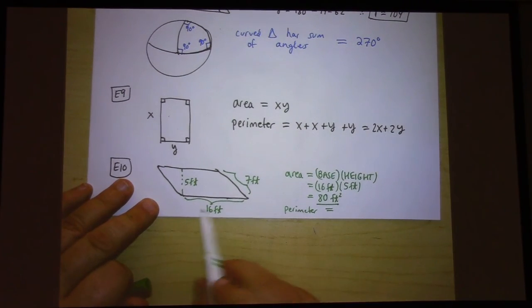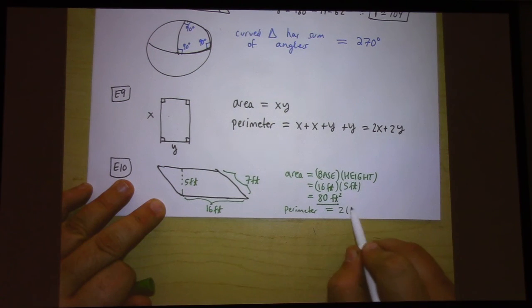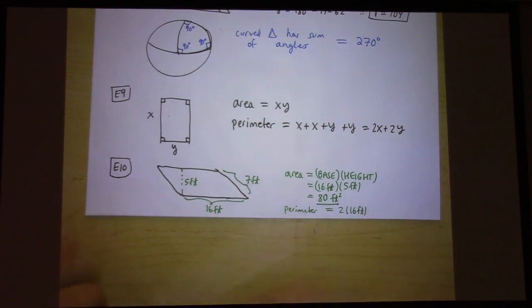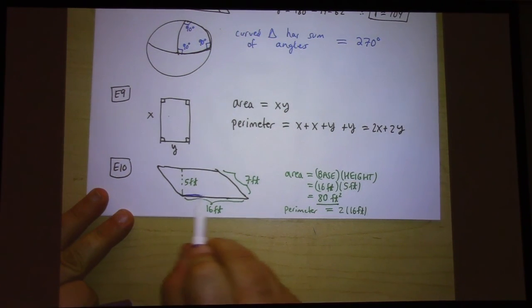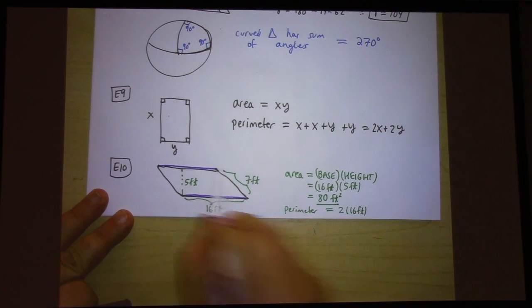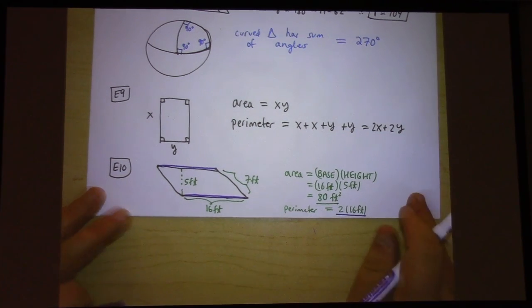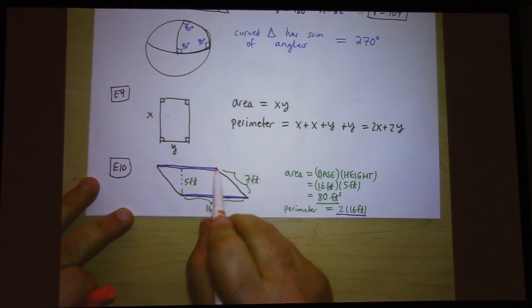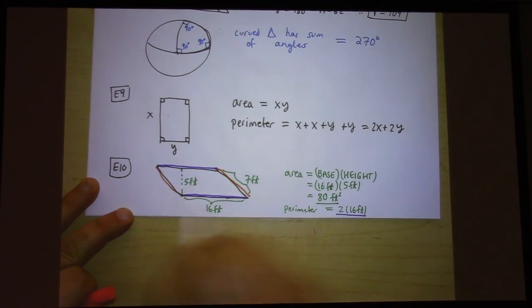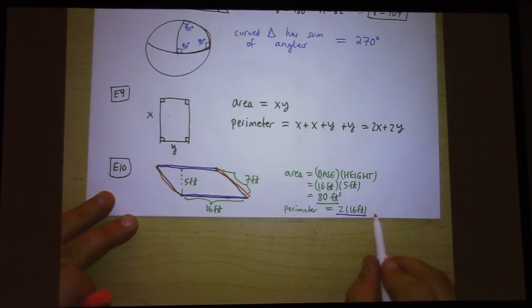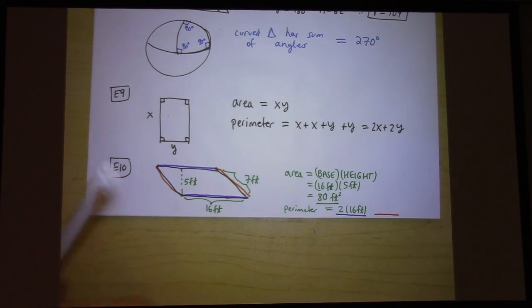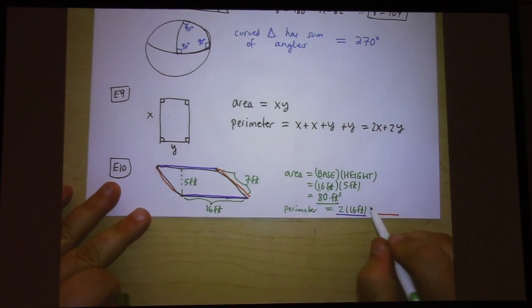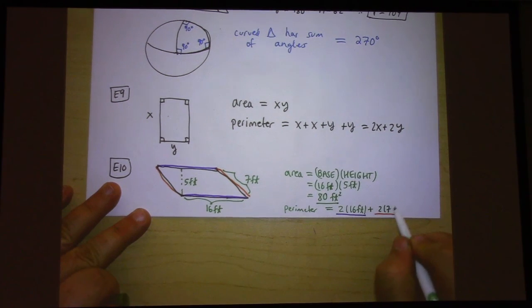So we got 2 times 16, right? Let me do some color coding here for a second. This edge and that edge gives me 2 times 16, and then the sides, here and here, give me plus 2 times 7 feet.